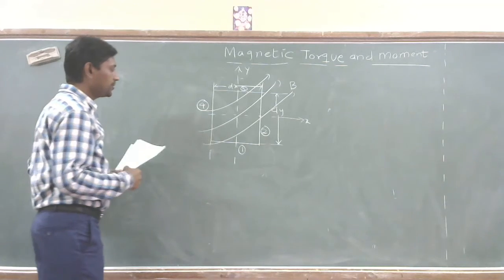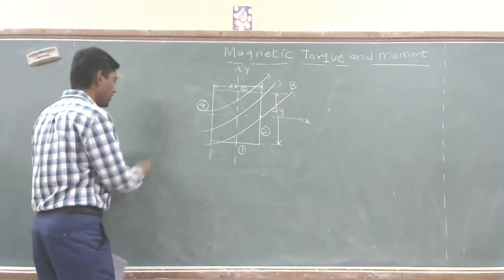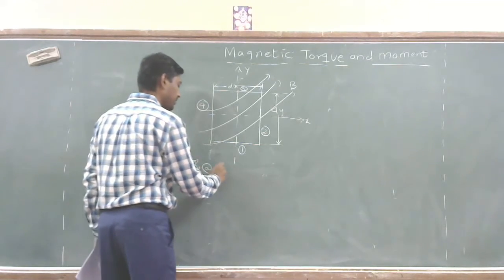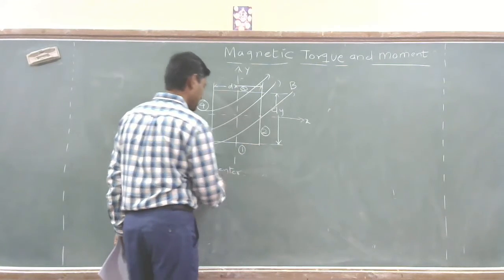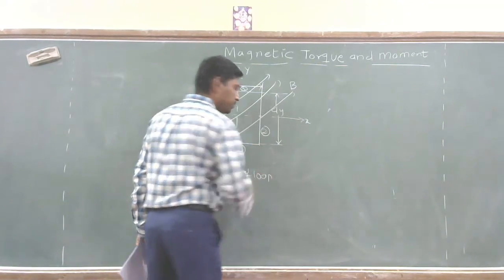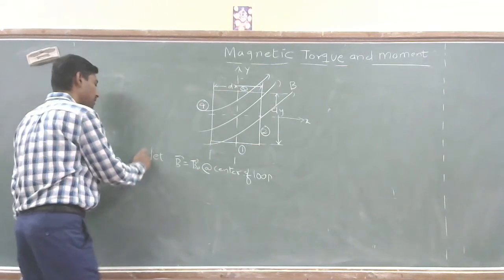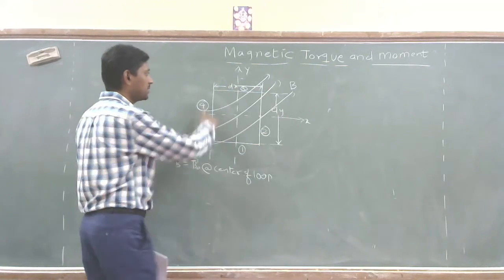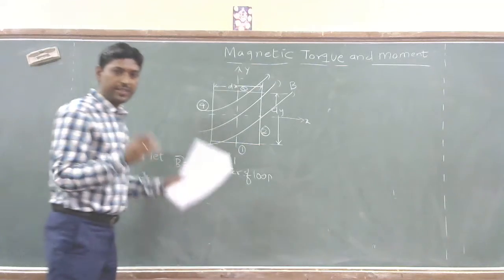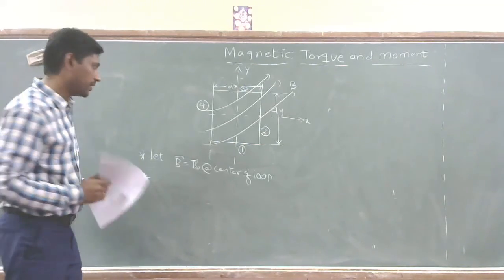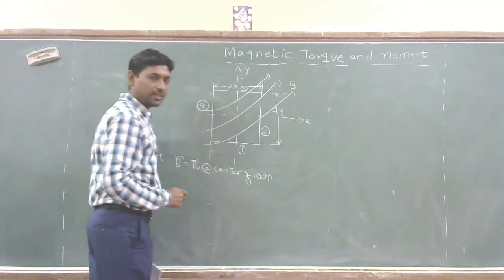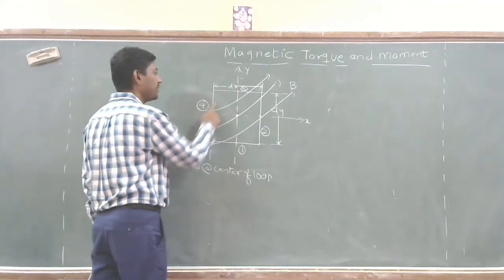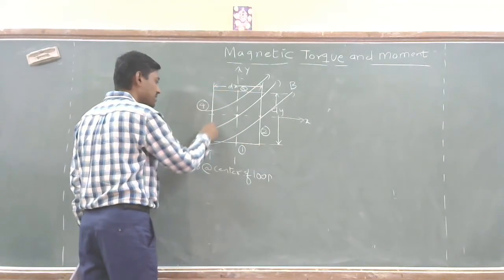Now what I'm trying to say is, the first thing is that B is equal to B naught at the center of the loop. The next thing I want to say is, as this particular loop is a very small loop, a differential loop, whatever the value of the B field is at the center, it will be the same even at these particular segments.